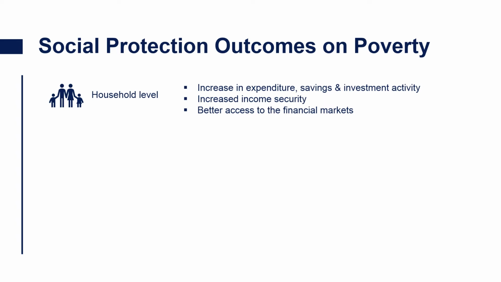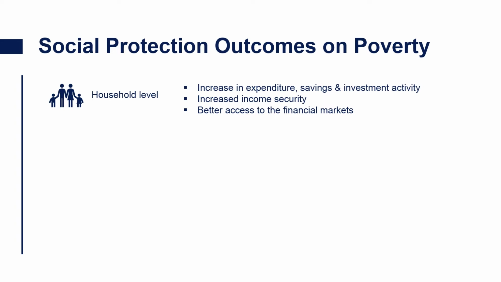Furthermore, there is evidence that social transfer beneficiaries are considered more credit-worthy and have easier access to the financial market, including loans, and enable them to save. Savings, in turn, can be used to cope with unexpected shocks or be invested in productive assets to generate future income.